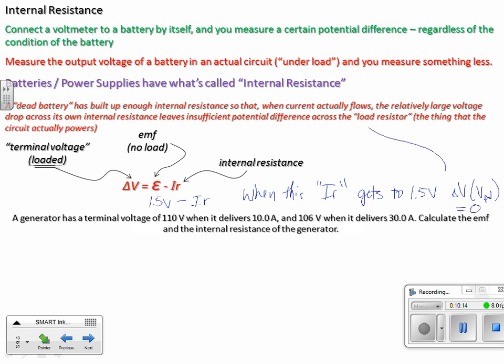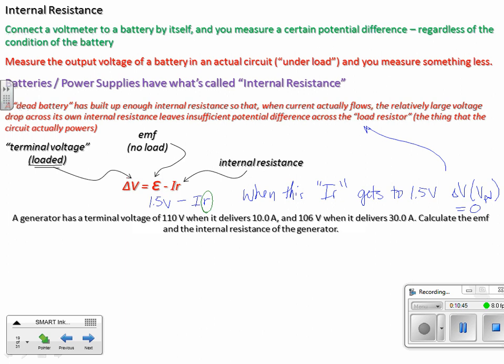And that's what we call a dead battery. You yank a battery out of a dead flashlight, hook it up to a voltmeter, it'll probably still read 1.5 volts. And you say, well, heck, why doesn't it work? Well, it's because the battery's internal resistance has built up enough that you lose all that potential in the battery itself instead of losing it across the bulb. What do you think? I get a feeling I didn't do a great job at that.